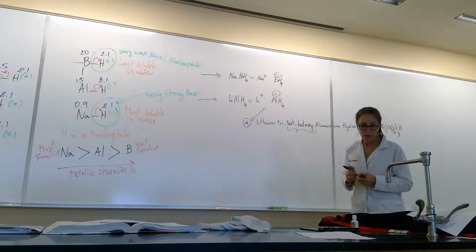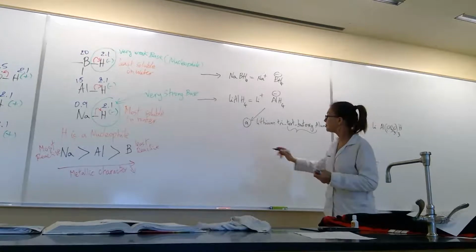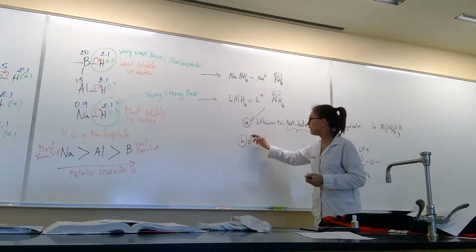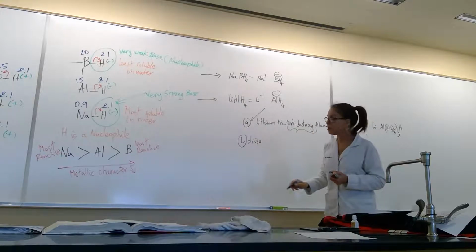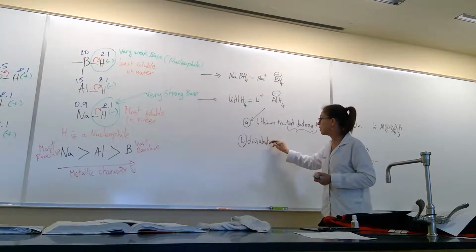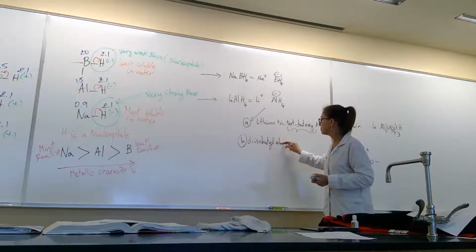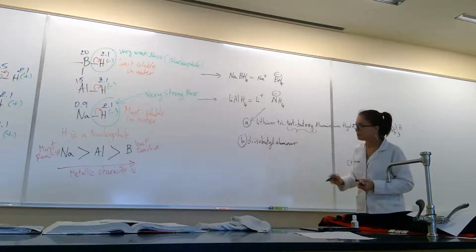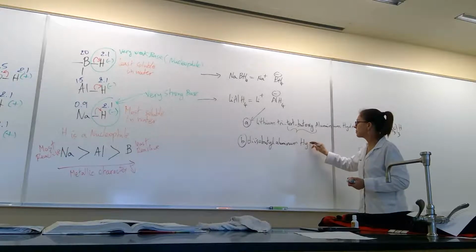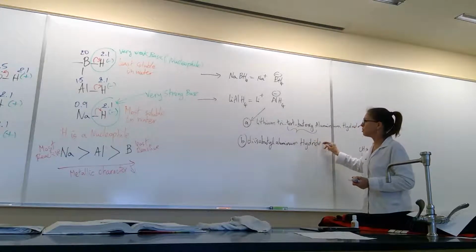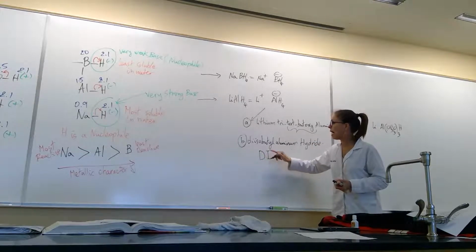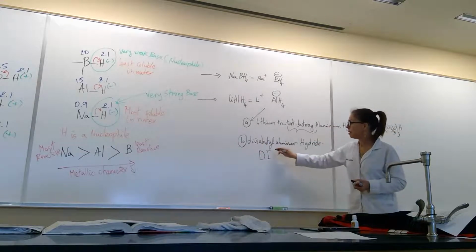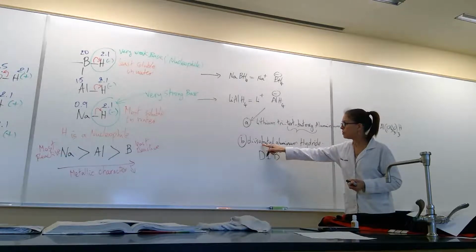The other one is also a complicated name, diisobutyl aluminum hydride, and for the same reason. So for short, they put D for di, I for isobutyl, B for butyl.